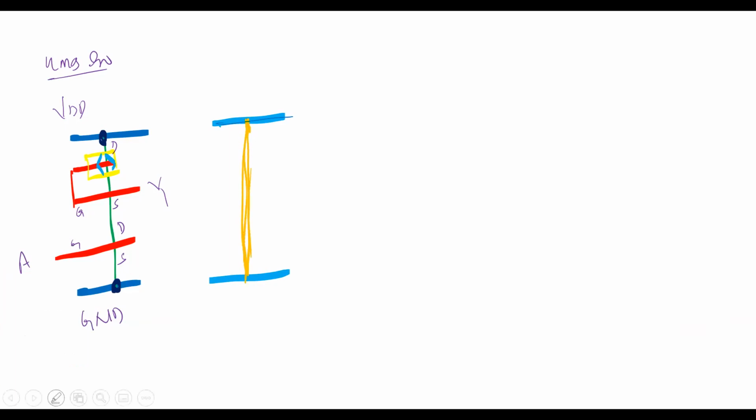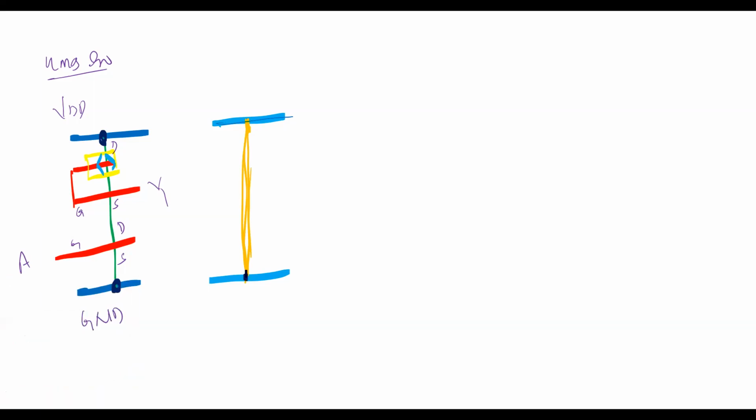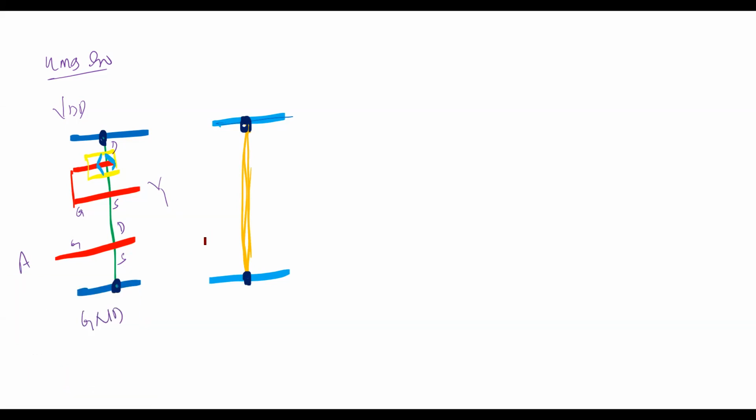Then make the contact cuts between the metals and the P diffusion. Then again go to the polysilicon. This is my polysilicon, and this is my one more polysilicon. This gate is connected to the drain, source, and the yellow connection.